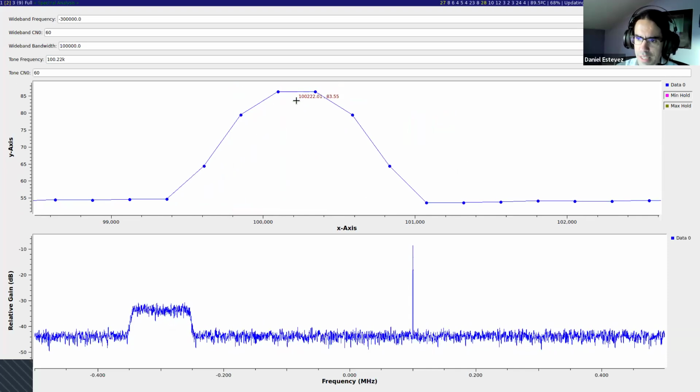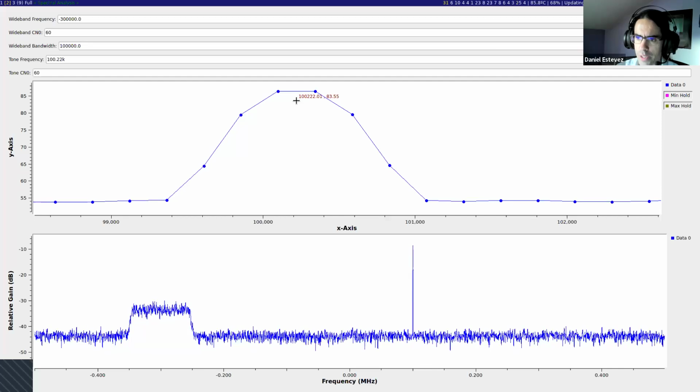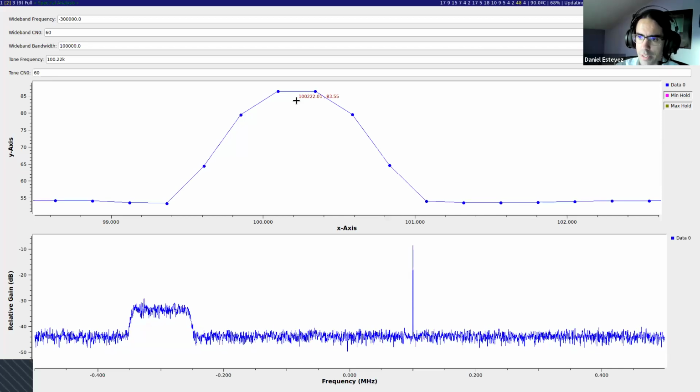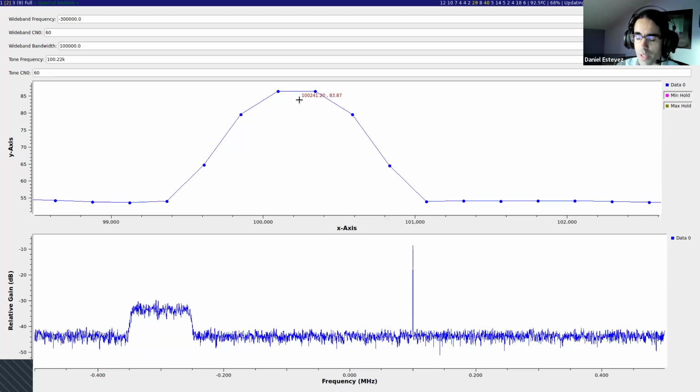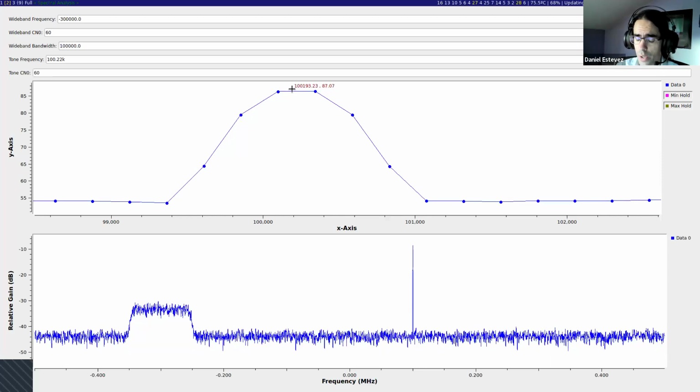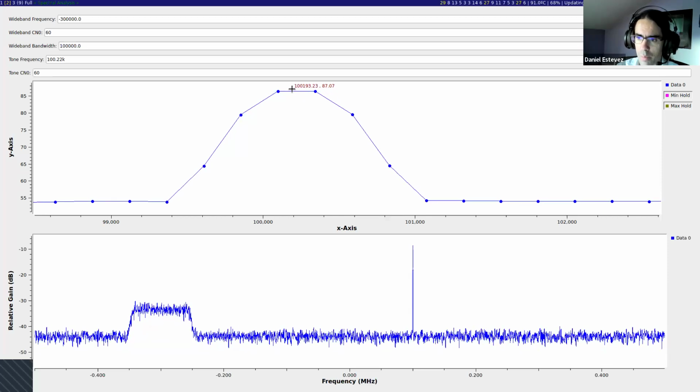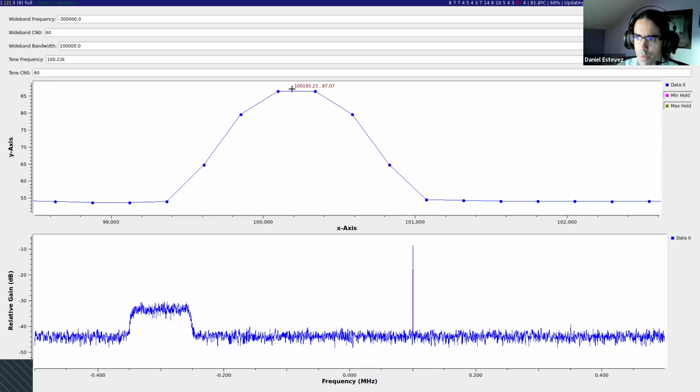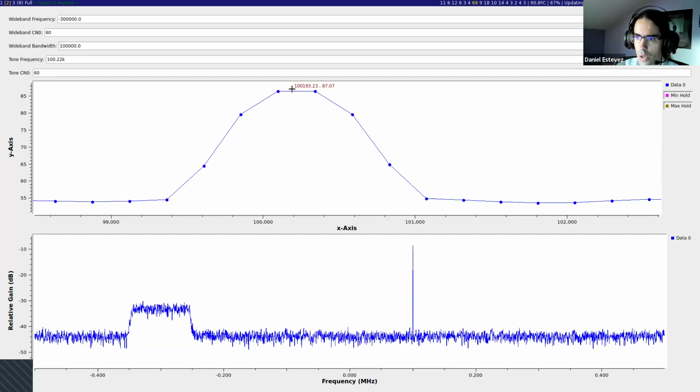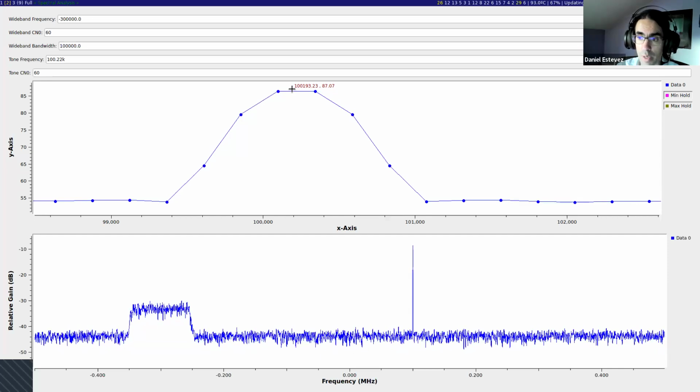So this is one of the things that the FFT window can help us with. Depending on the window we choose, we will have more or less scalloping losses. And there are actually some FFT windows which have zero scalloping losses.